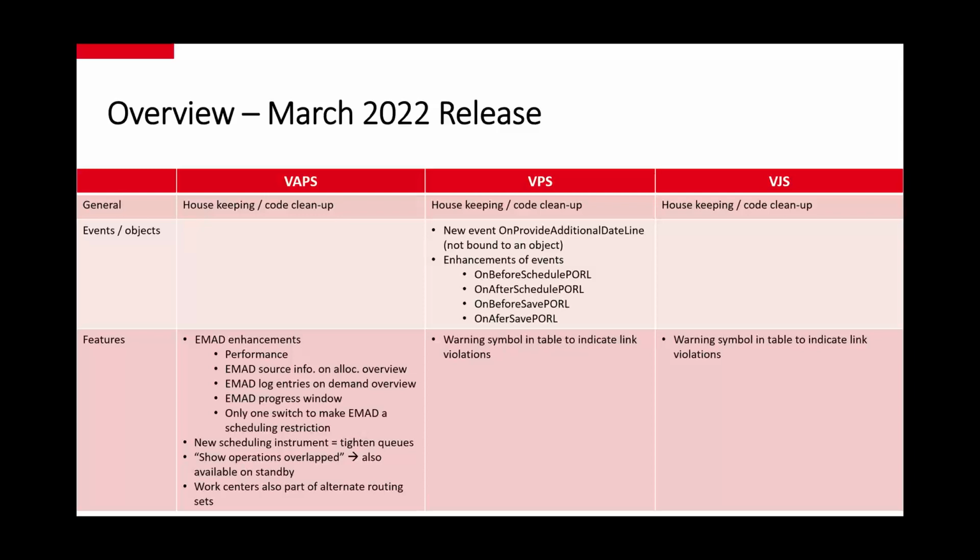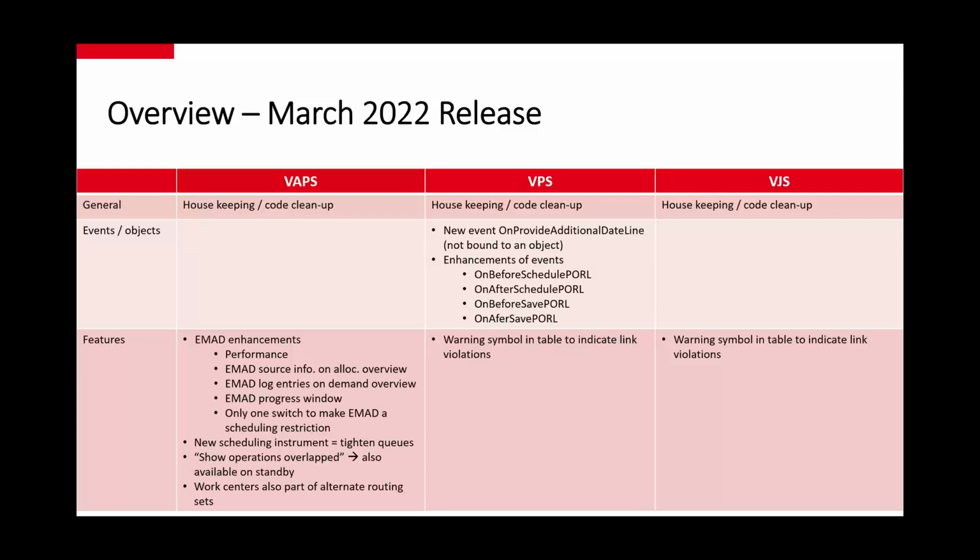With the VAPS, we actually did a lot again this quarter. We had a lot of effort focused on the EMAT, the earliest material availability date, and we made an initial round of performance improvement so that the calculation of the EMAT goes faster.